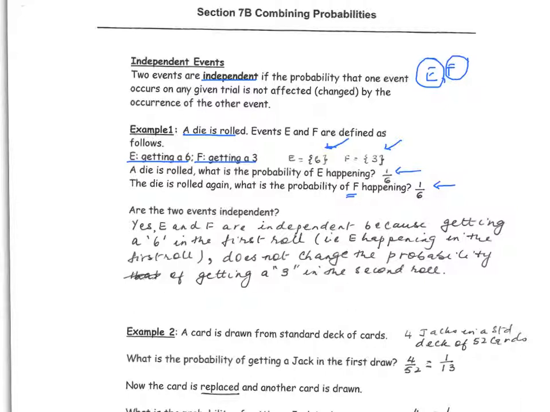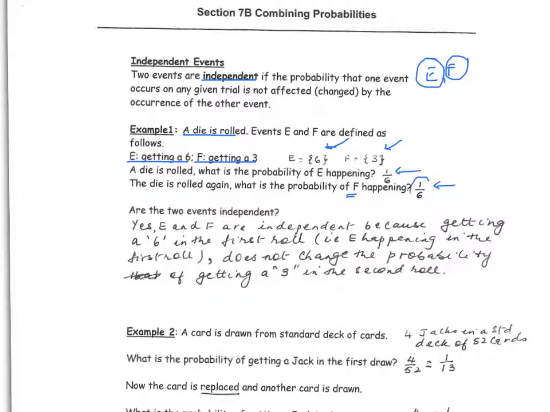Now, how do we know that the two events are independent? Suppose we roll a die and we get a 6. The probability of that happening is 1 out of 6. Now we know that in the first roll we got a 6. If I ask you the question, what is the probability of getting a 3 in the second roll?